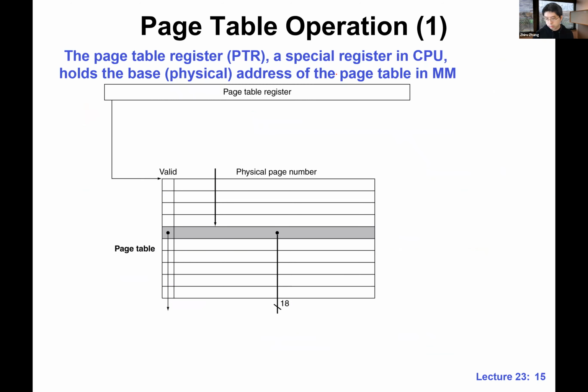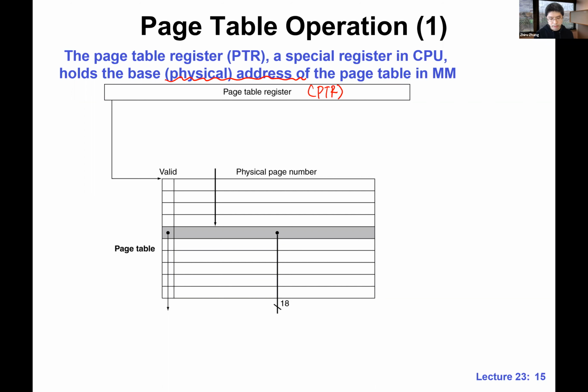If you're still confused, let me try to further break it down. So here's the sequence. First we have this PTR, the page table register. This one holds the physical address of the page table, because the page table is somewhere in the main memory. It doesn't have to be at physical address 0. It can be at physical address 10,000.